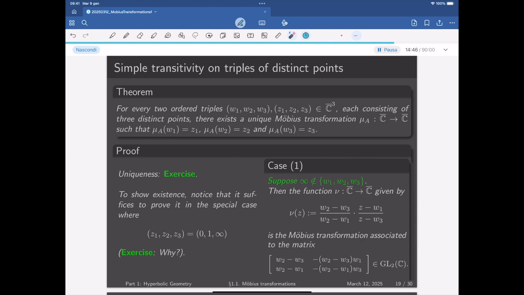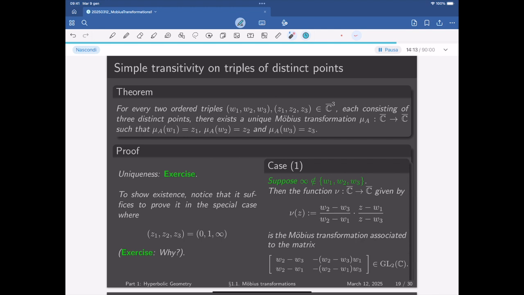Okay, now for existence, it suffices to prove the theorem in the special case where the second triple is the ordered triple 0, 1, infinity. Why? Because for the arbitrary case, I send the first triple to 0, 1, infinity, the second triple to 0, 1, infinity, and I compose one with the inverse of the other.